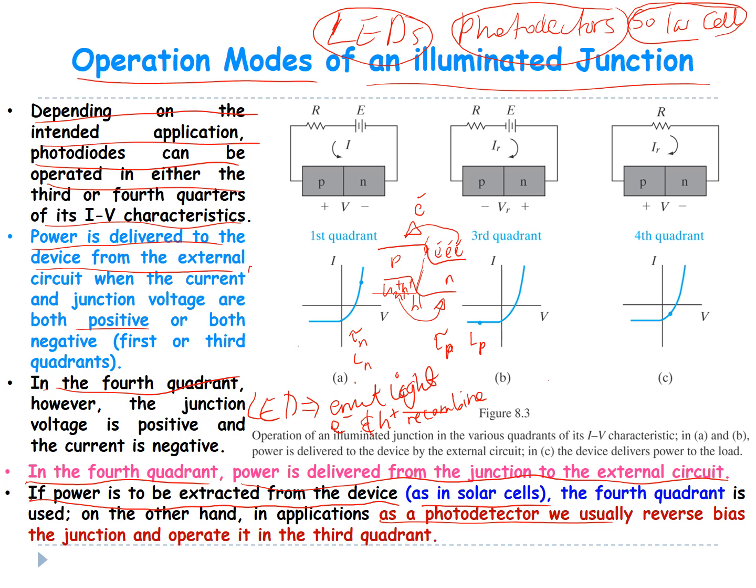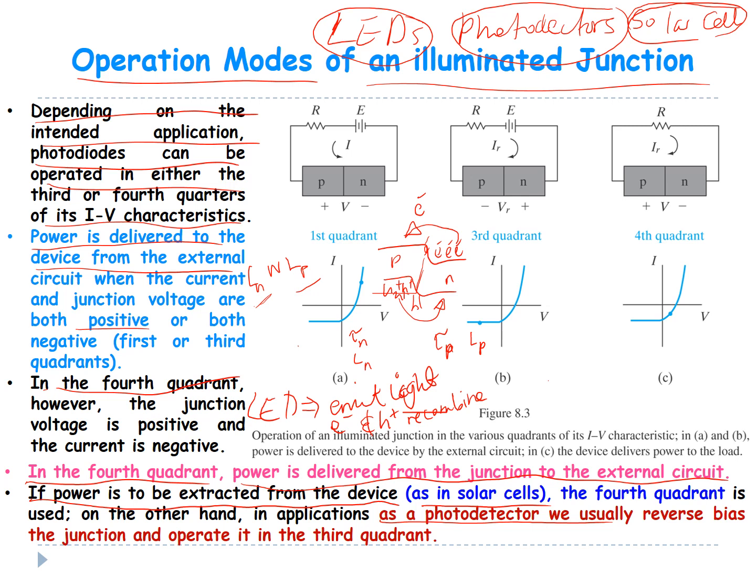In the P side, recombination occurs within Ln, or recombination can occur within the depletion region, or recombination of holes with electrons can occur in the N side within Lp. So this is the furthest that holes can diffuse in an N-type semiconductor, and this is the furthest that electrons can diffuse in the P semiconductor.